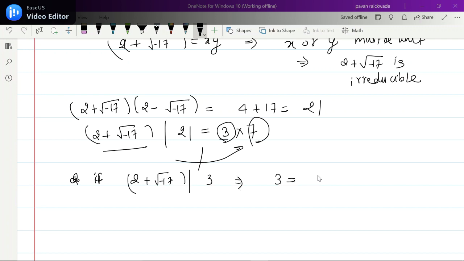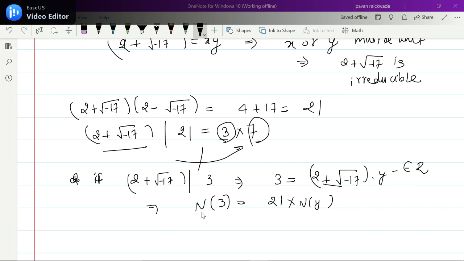If 2 plus root minus 17 divides 3, then 3 will be equal to 2 plus root minus 17 into some element y which belongs to R. After applying the norm to both sides, we get norm of 3, which is 9, equal to 21 into norm of y.